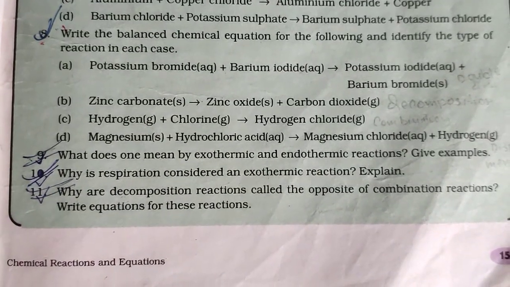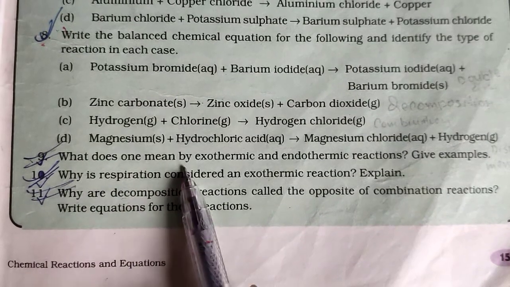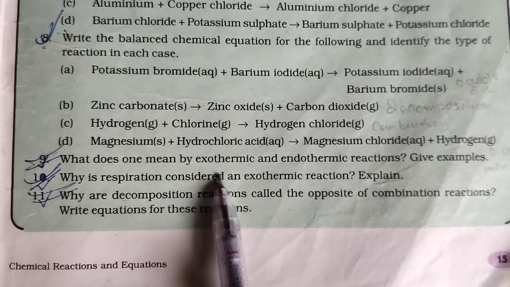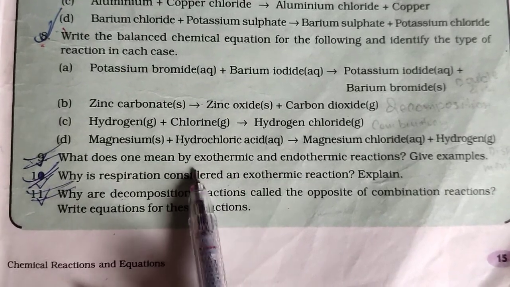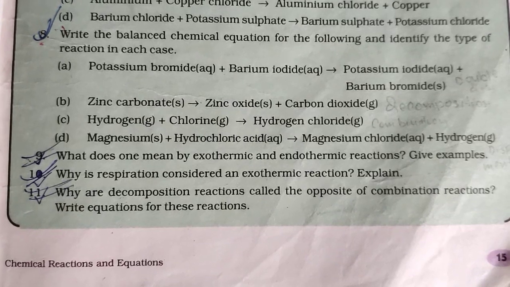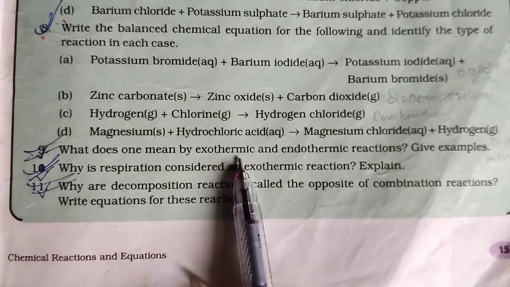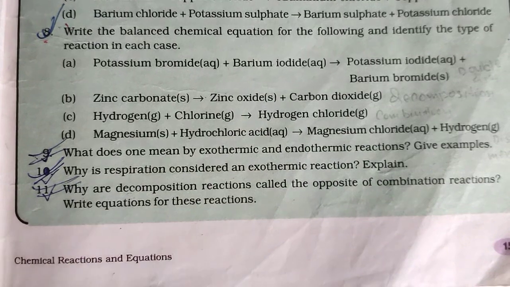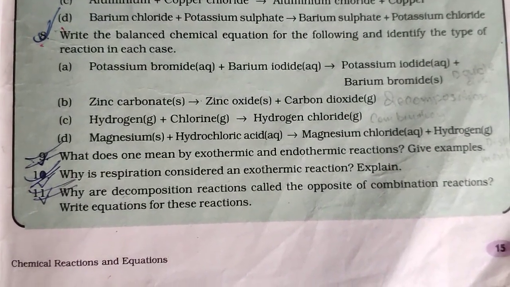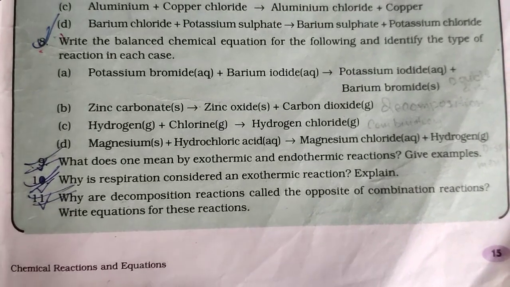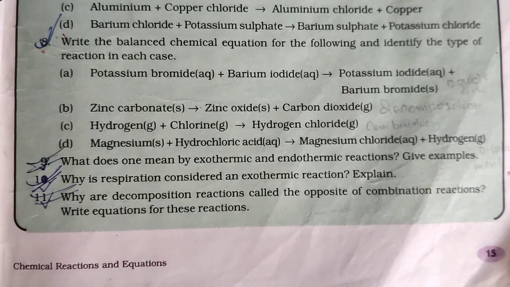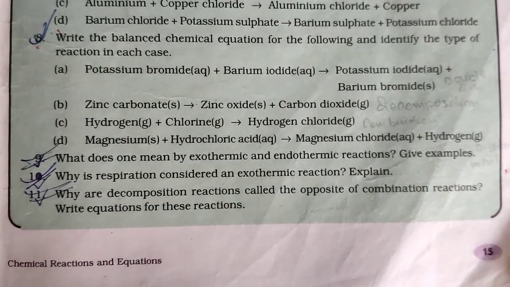energy is absorbed. Examples for exothermic reactions are mainly the combination reactions, which are generally exothermic, and you may write any of the combination reactions as the examples. For endothermic reactions, you may give the example discussed in your textbook, that is the reaction between barium hydroxide and ammonium chloride.